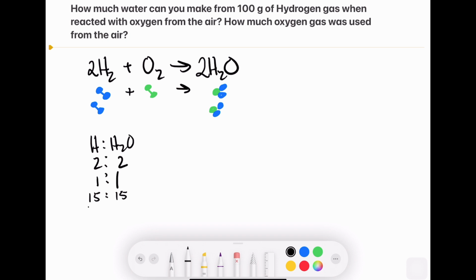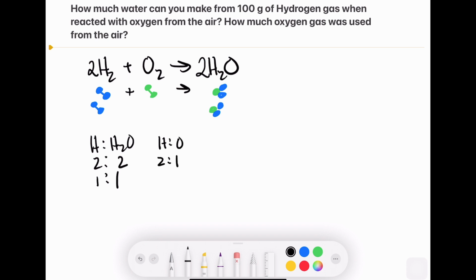If I had 3 dozen, I would make 3 dozen waters. If I had 6.2 moles, that's a counting number, I would have 6.2 moles of water, and so on and so forth. And the same is true with the other participants in this reaction too. There's also a ratio of the hydrogen to oxygen. Here, that's a 2-to-1 ratio.